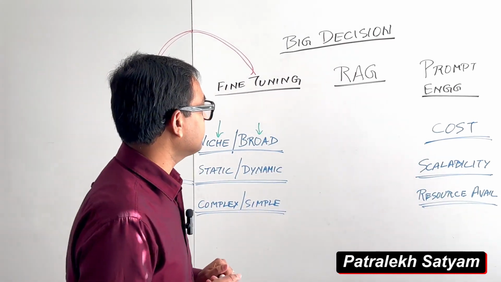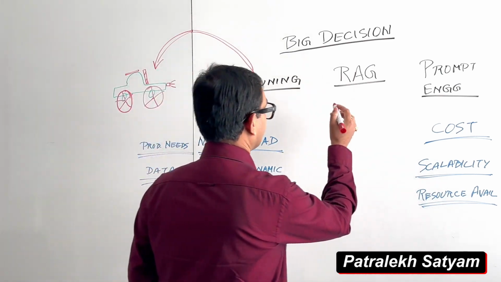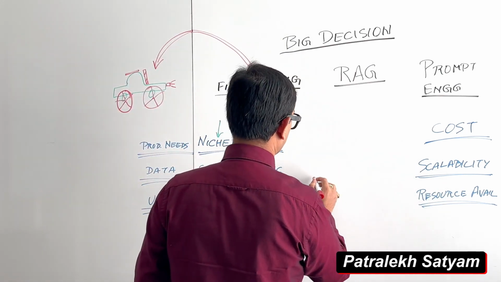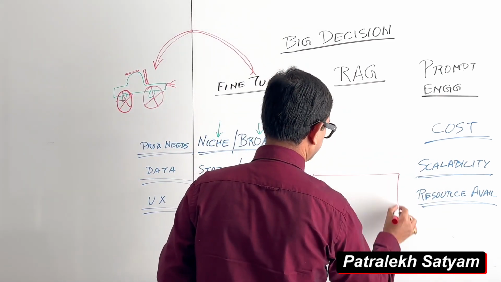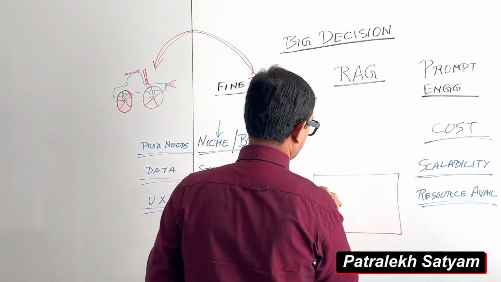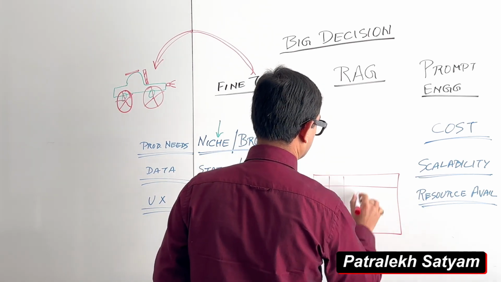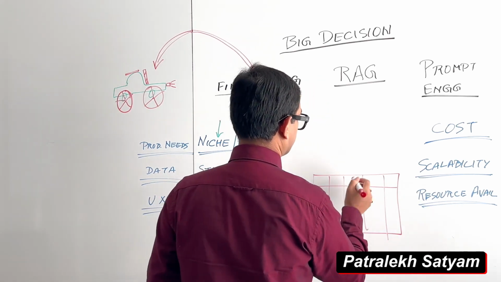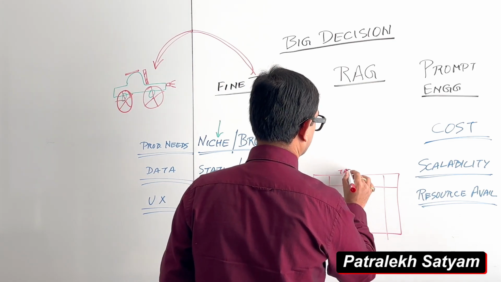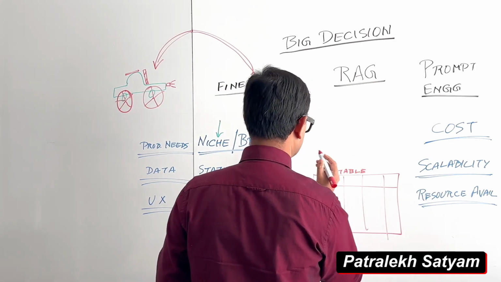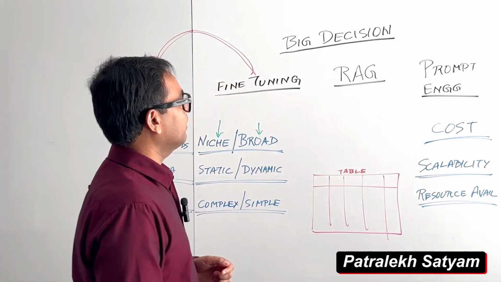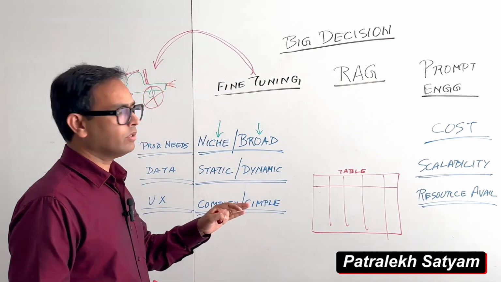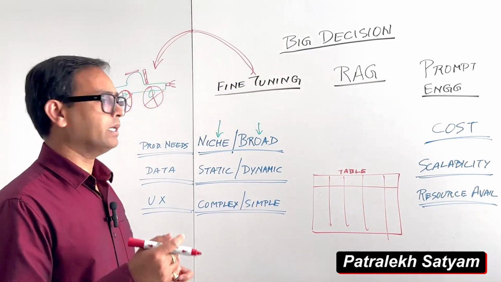Retrieval augmented generation. Suppose you're a bank and you have a lot of data related to your customers in your database or tables, right? One or multiple tables. Now, say you want information, right?